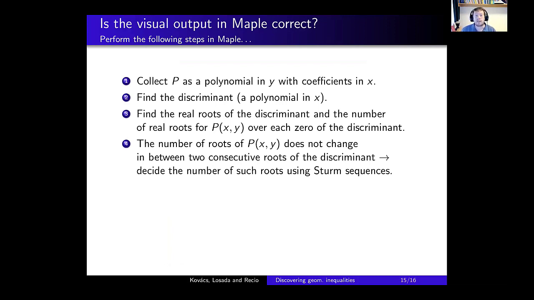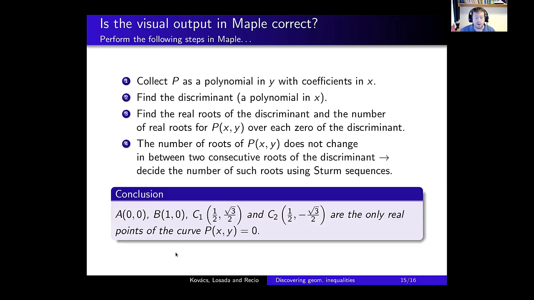So by collecting the coefficients in X, finding the discriminant, and learning the number of real roots using Sturm sequences. So this is how Maple put together the whole story. And finally, we managed to learn that the equality case will hold only at these 4 points.